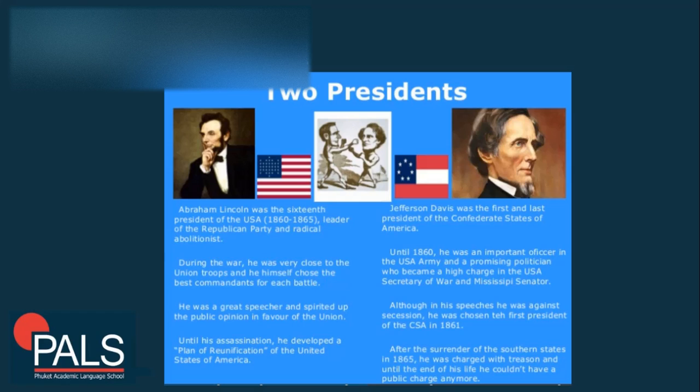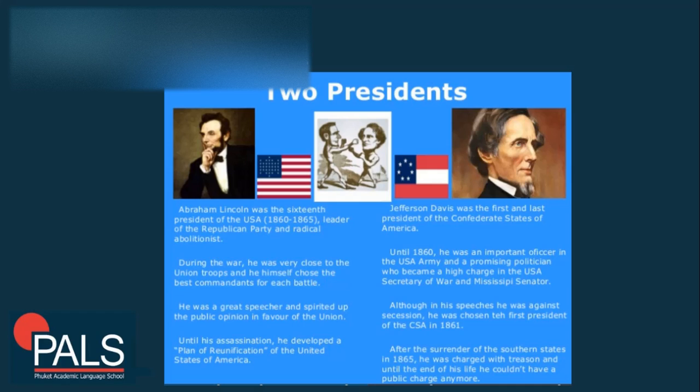Now we have two presidents at this period. Abraham Lincoln was the 16th president of the USA, leader of the Republican Party, and radical abolitionist. During the war, he was very close to the Union troops, and he himself chose the best commandants for each battle.